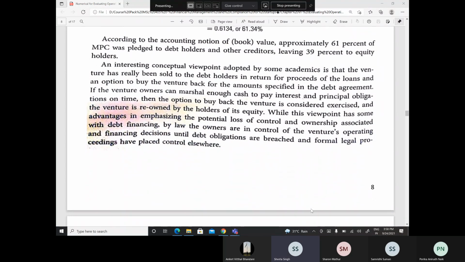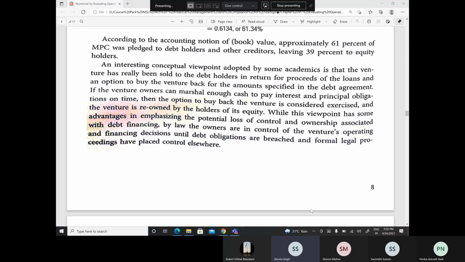According to the accounting notion of book value, approximately 61% of MPC was pledged to debt holders and other creditors, leaving 39% to equity holders. An interesting conceptual viewpoint adopted by some academics is that the venture has really been sold to the debt holders in return for proceeds of the loans and an option to buy the venture back for the amounts specified in the debt agreement.